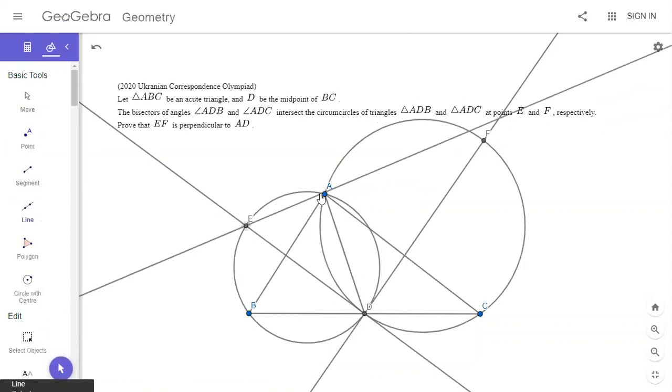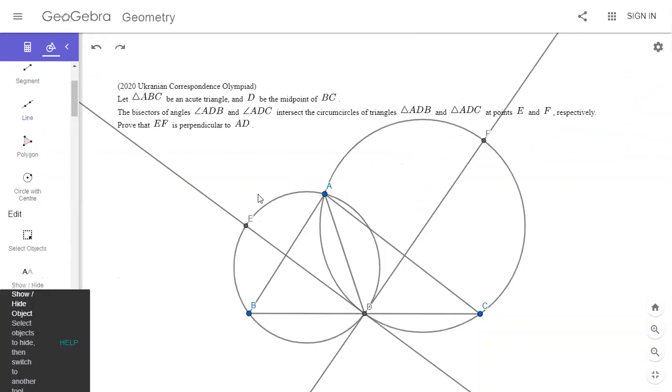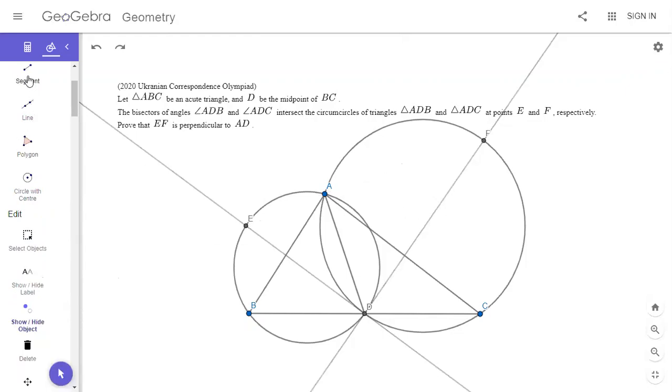I don't think so, but we want to show EF is perpendicular to AD. Our angle BAC looks like 90. Should we change it? Yeah, I'll go change it.